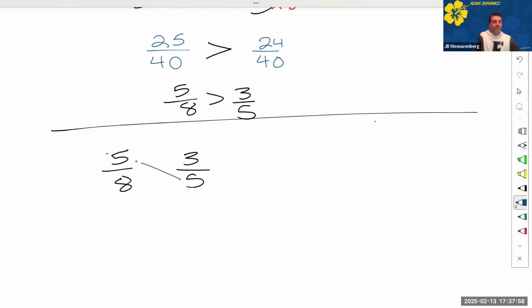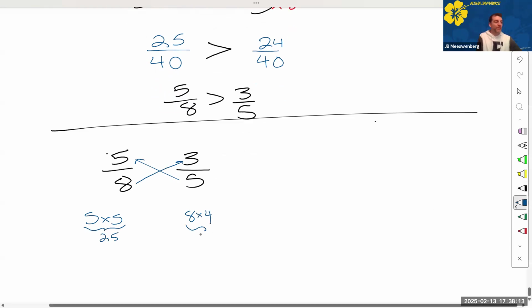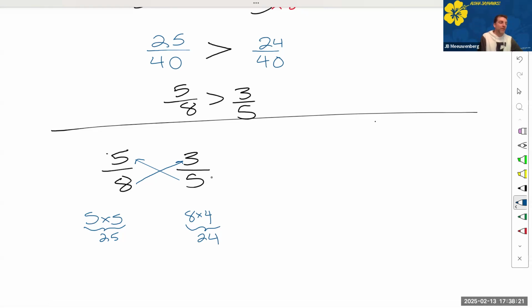If we do the cross multiplication here, we have 5 times 5. And if we do the cross multiplication here, we have 8 times 4. This one is 25, and this one is 24. Notice how I brought the bottom up to the other side in both cases. 5 times 5, 8 times 3.